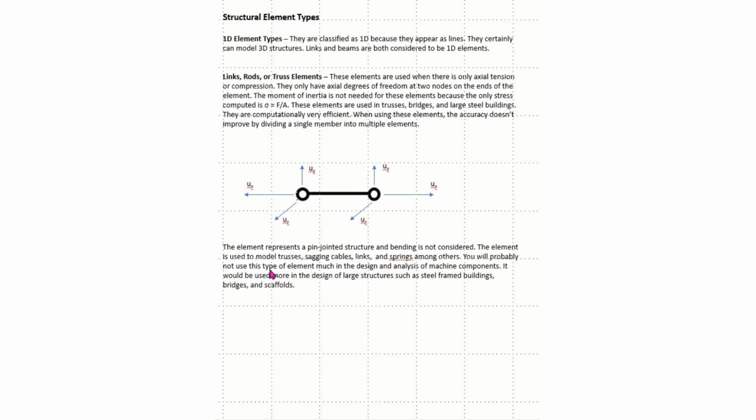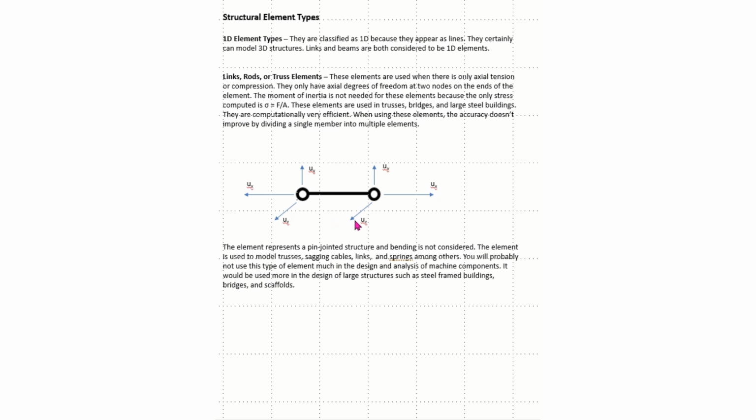You'll probably not use this type of element much in the design and analysis of machine components, and that's because it doesn't handle bending. It would be used more in the design of large structures such as steel frame buildings, bridges, and scaffolds, where the number of degrees of freedom can become quite large, and you would want to use this element to limit that number of degrees of freedom.